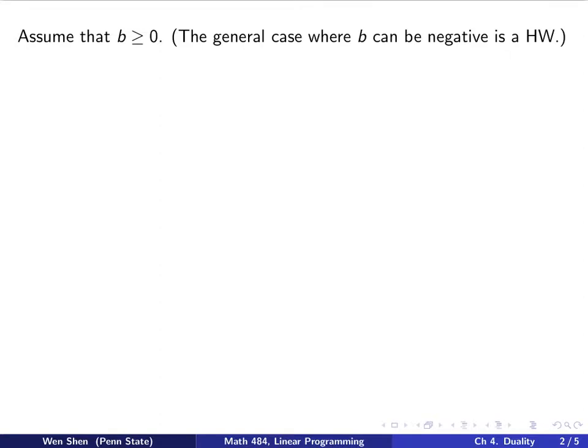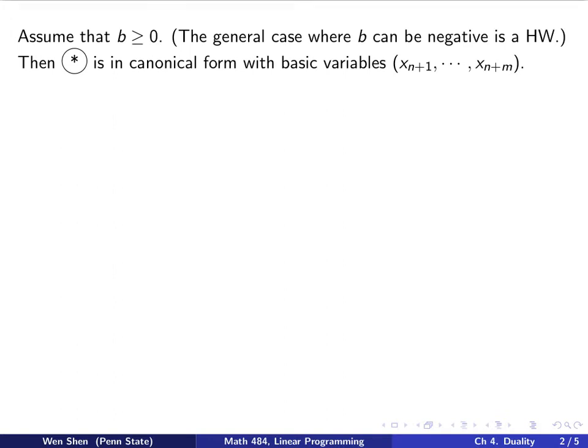Okay, now for the discussion, we assume that the vector b is non-negative, bigger than or equal to 0. And the rest of the proof will be focused on this case, similar to what we did for the simplex theorem. And the general case where b could contain negative elements is left as homework.